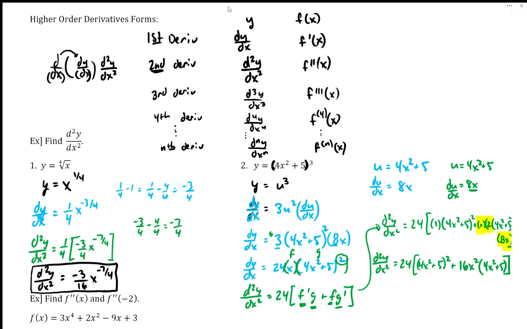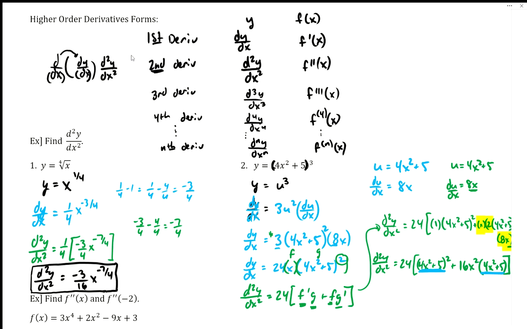And then however way we would want to simplify it from here, they might FOIL out the 4x² + 5, and then distribute. What I'm going to do, let me underline. Okay, so now I'm just simplifying. These are in common, and they're each to the first power.